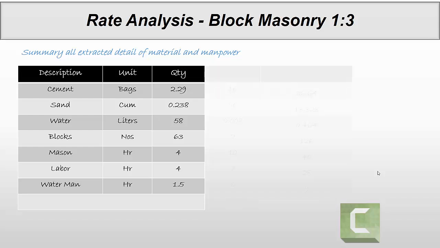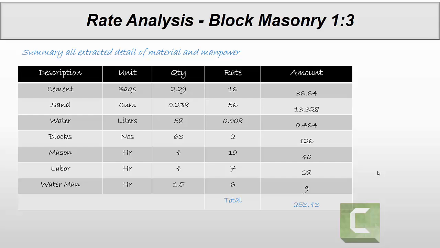These are the actual market rates, which may vary with time or location. Multiply quantity with rate, and you will find the amount of that item. Adding all the amounts, we find the total direct cost for 1 cubic meter of block masonry.